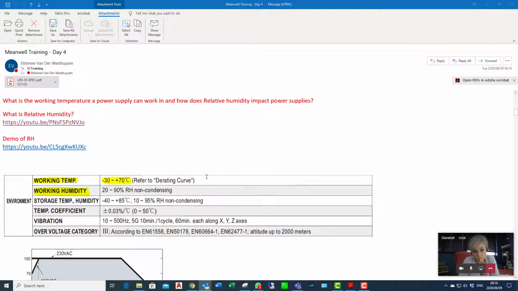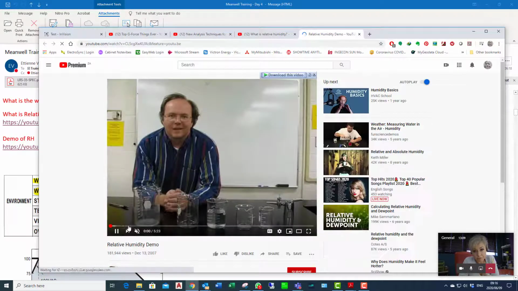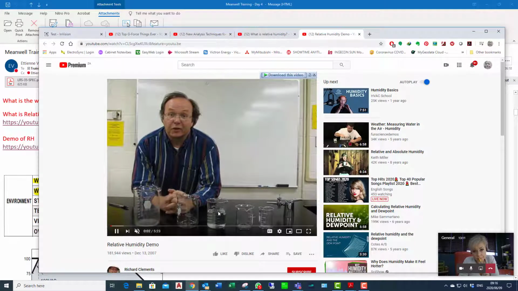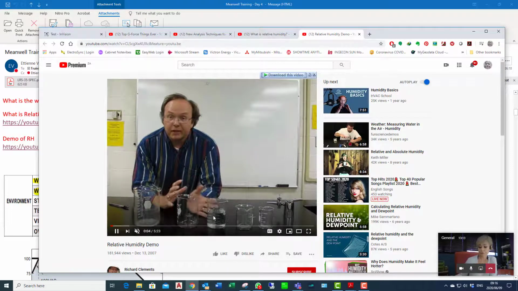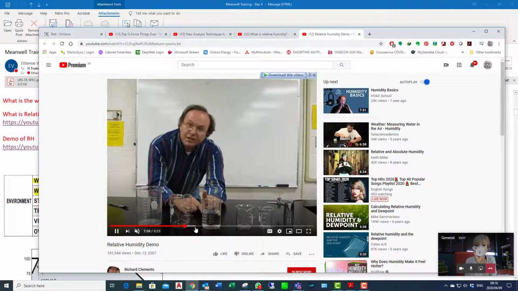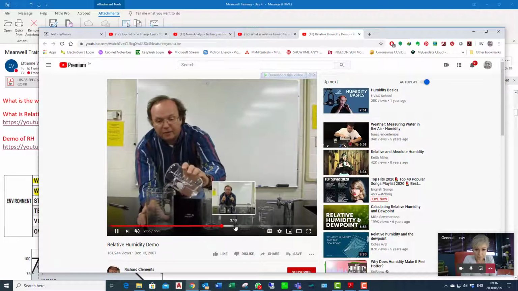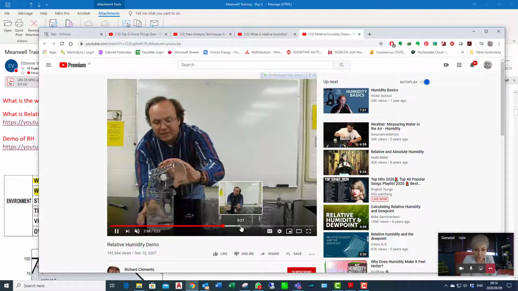Now that same effect is on a power supply, so you don't want that condensation on the power supply, because the condensation will create conductivity. So just a quick video here as well. You'll see the guy has a glass full of water, and as he transfers the water into the bigger jug, it's the same amount of water, it's just more volume, and that refers to temperature.